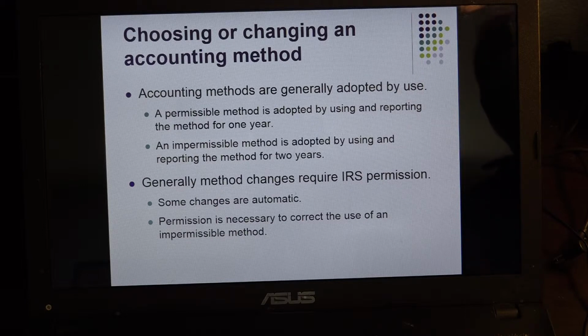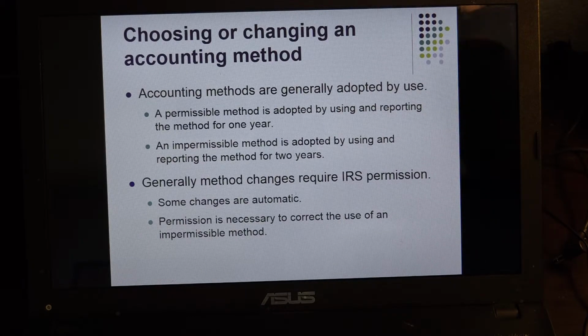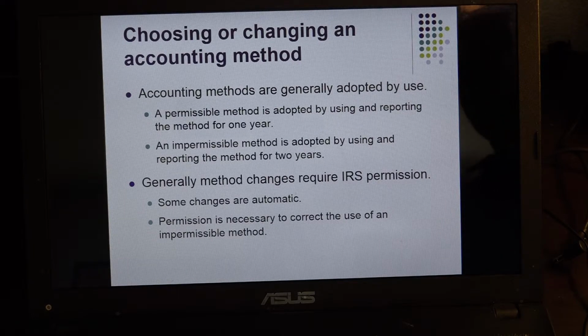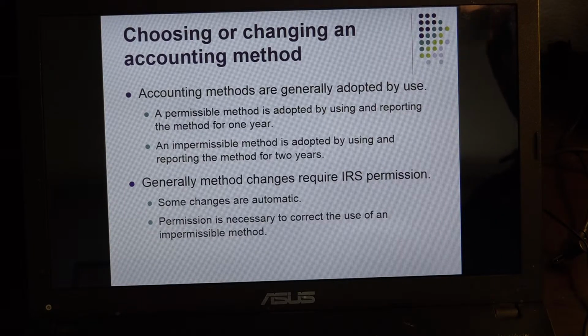If you've adopted this method by using it for at least 2 years, you've got to get the IRS's permission to change to a new permissible method. Same for going from a permissible method to another permissible method. You've got to get the IRS's approval.